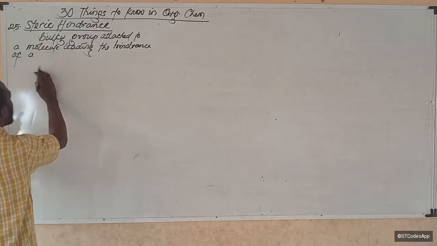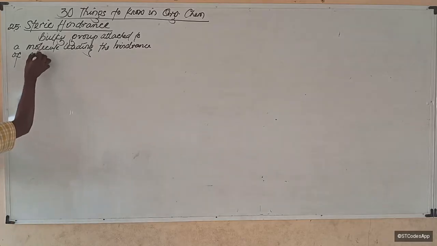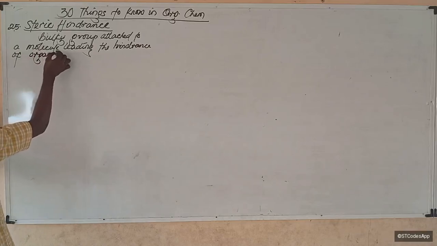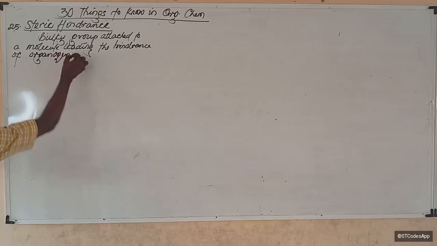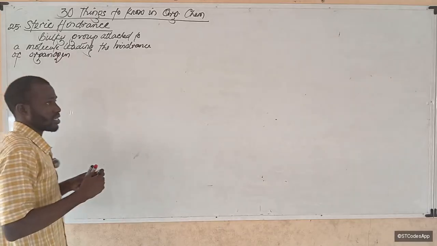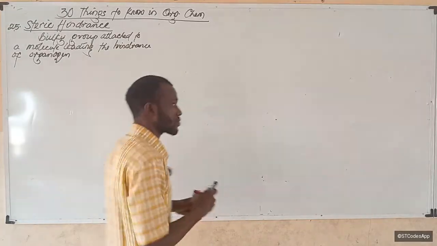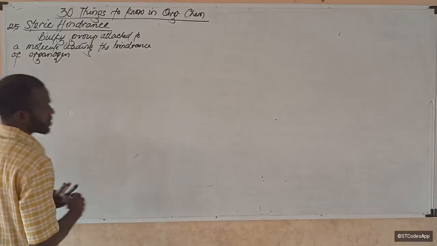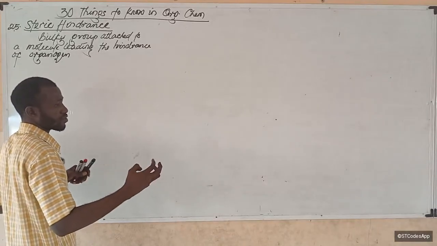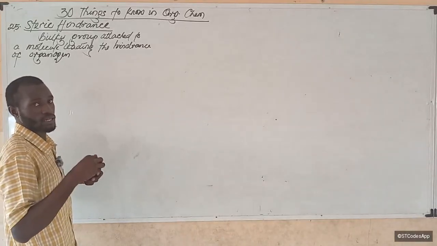Do you understand? Any group, hindrance of an organogen. So if there is a bulky group attached to a molecule, some electrophile might not be able to attack, okay?